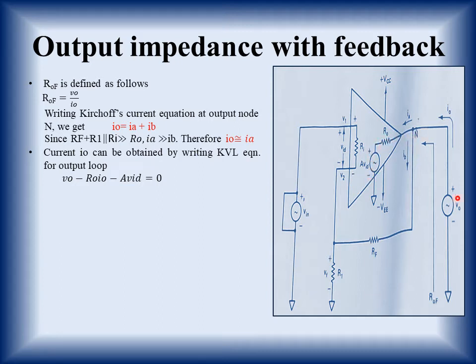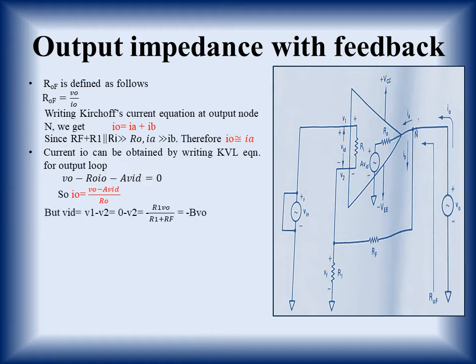So according to Kirchhoff's voltage equation, V naught is equal to IO RO plus AVID. Or if we take everything on one side, V naught minus R naught I naught minus AVID is equal to 0. We can calculate I naught from this equation.